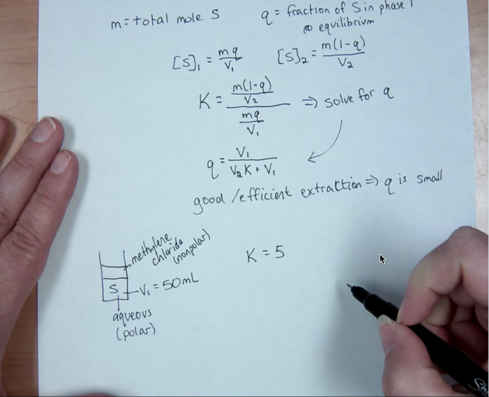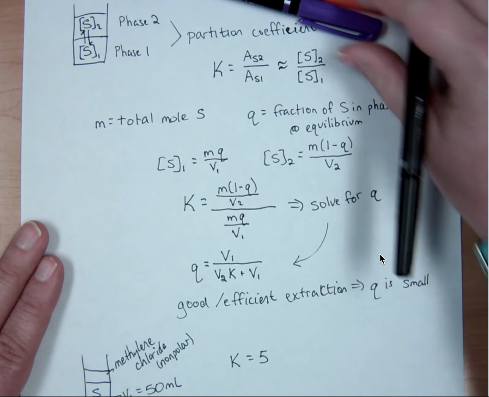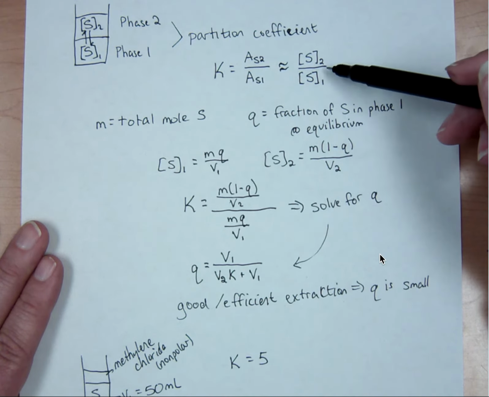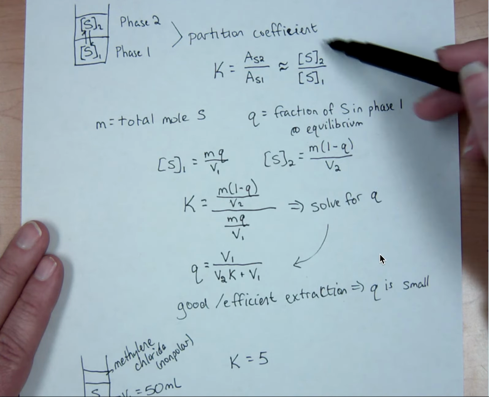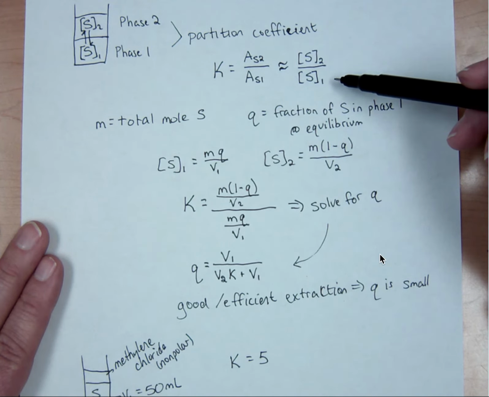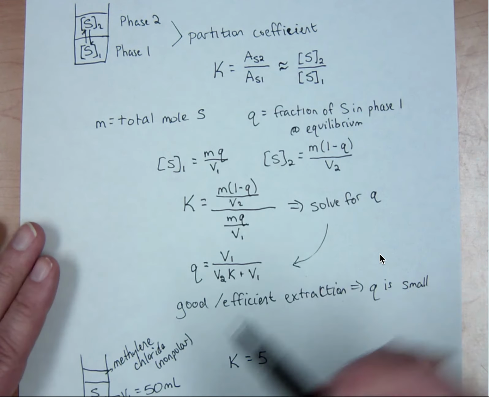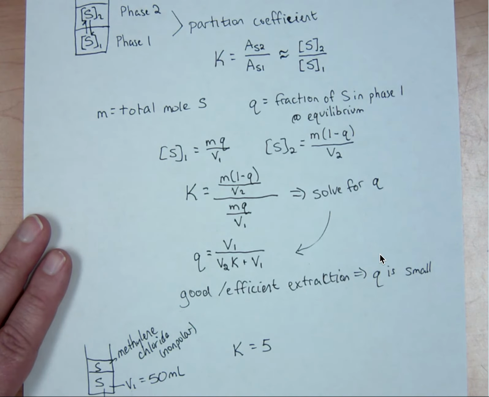Now, thinking about what that partition coefficient meant when we first defined it, a partition coefficient of 5 means that there are 5 molecules in phase 2 for every 1 in phase 1. So what would this mean about the polarity of our compound? Well, it's going to favor being in phase 2, in the methylene chloride.